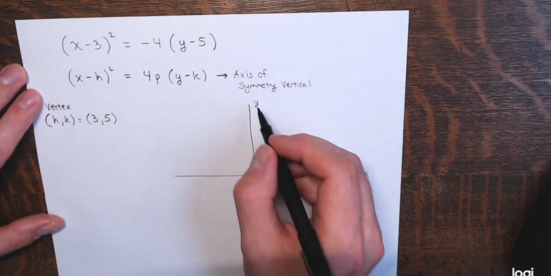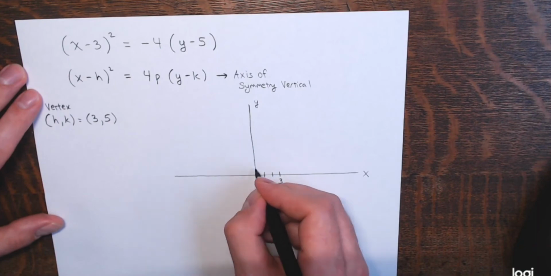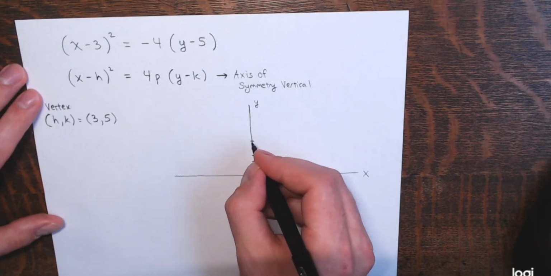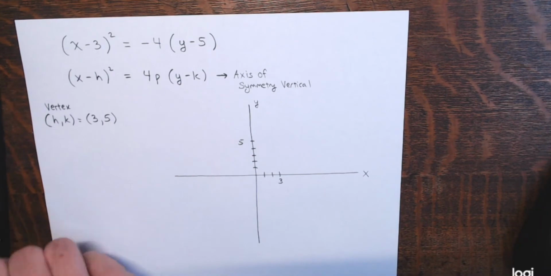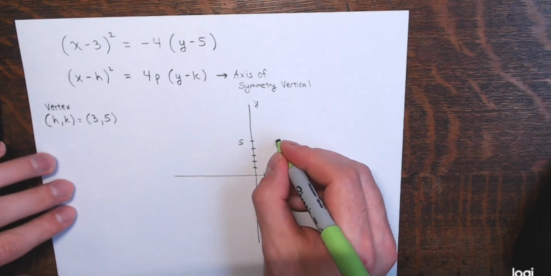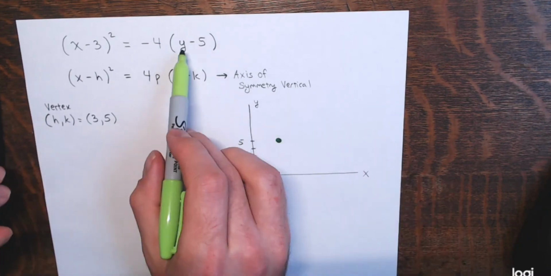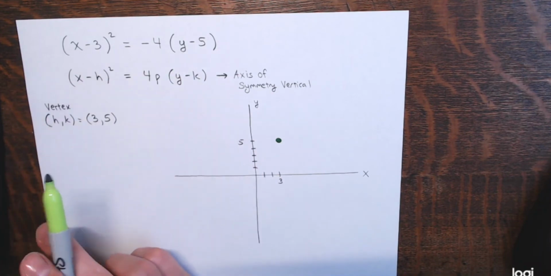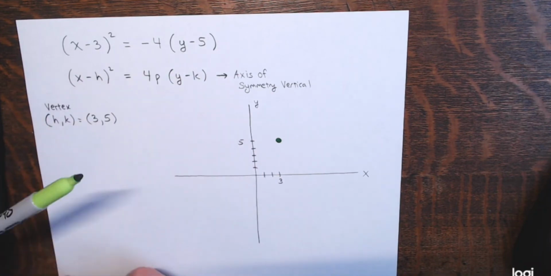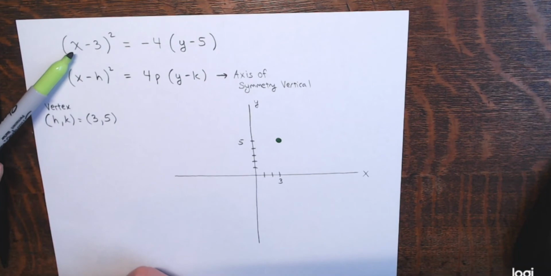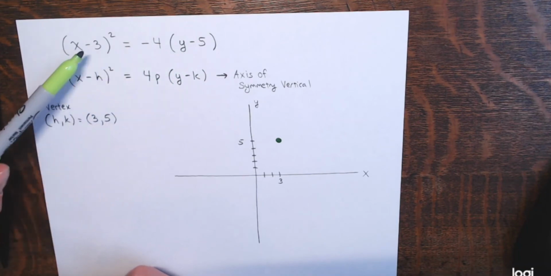So 3 for x, 5 for y, and put a solid point there, right? That's actually on the graph. That's actually a solution of the equation. The vertex is on the parabola, so it should satisfy the equation. If you put in 3 for x and 5 for y, you're going to get 0 equals 0, which is true.